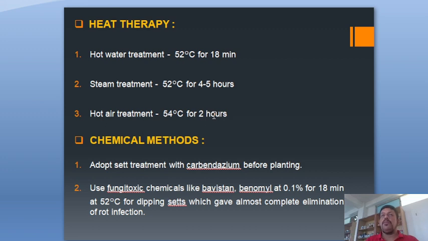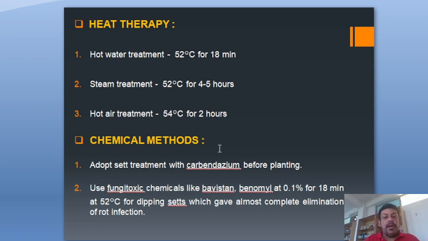In heat treatment, mostly the conidia disintegrate by the attack of the heat. So if we can maintain the temperature and the time, definitely we can protect the sugarcane from the attack of this pathogen.